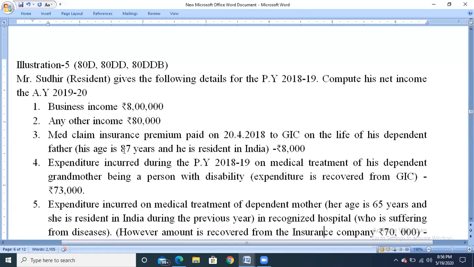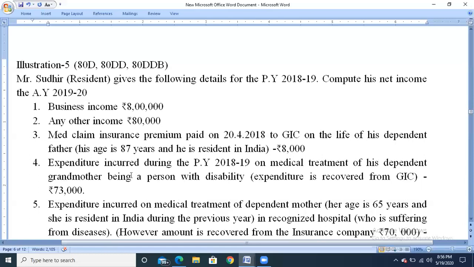Since he is a senior citizen, up to rupees 50,000 he can claim the exemption amount under section 80D. Any insurance premium paid by the assessee for the parent, and if that parent is more than 60 years, we call them a senior citizen, up to rupees 50,000 they can claim the exemption amount.